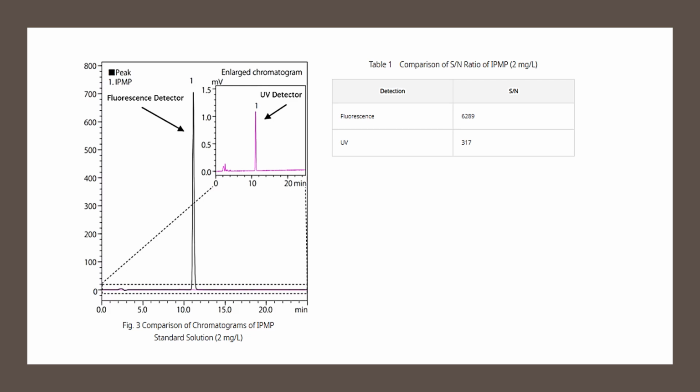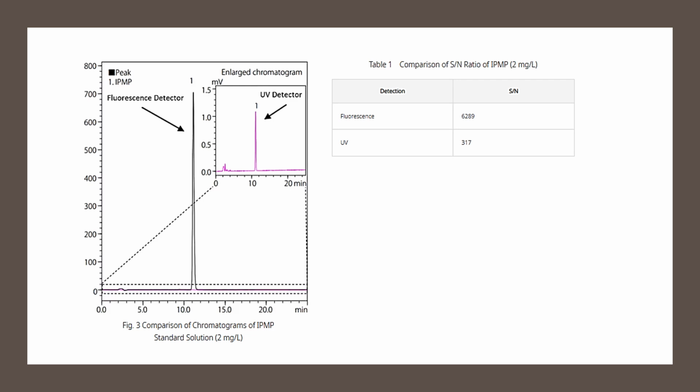Furthermore, the analysis results would not be affected by noise derived from the mobile phase because the detector is not capable of detecting any non-fluorescent compounds here. Only the fluorescent emitting compounds are detected. So whatever noise is generated by the mobile phase, it cannot be detected. Therefore, the signal to noise ratio is higher as compared to the UV detector.